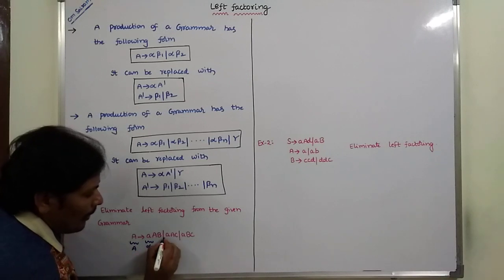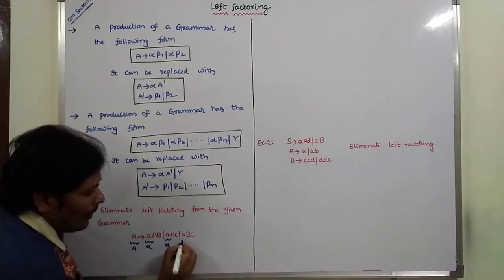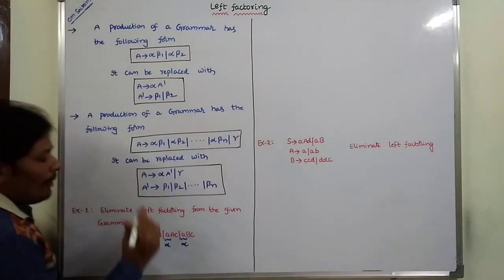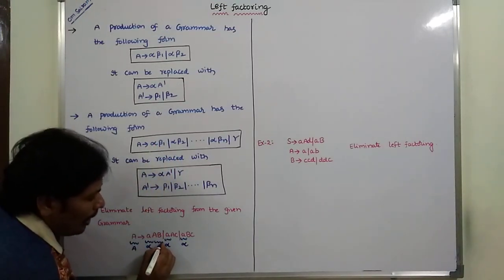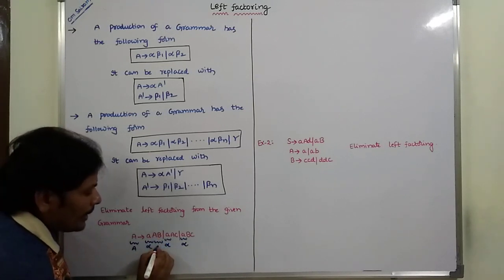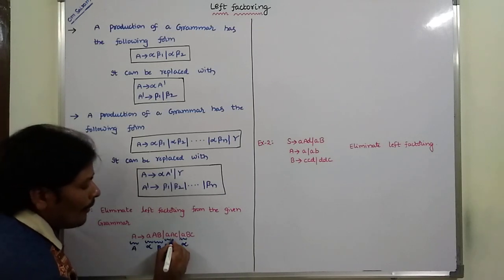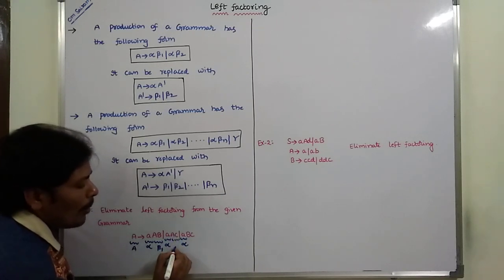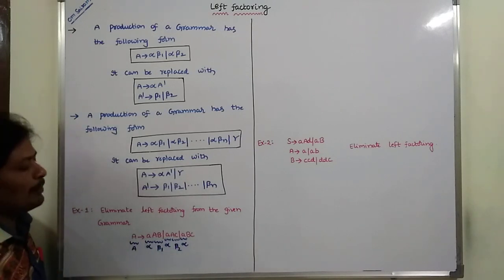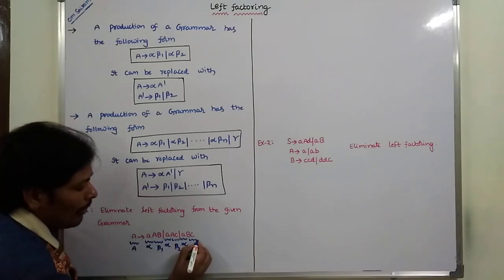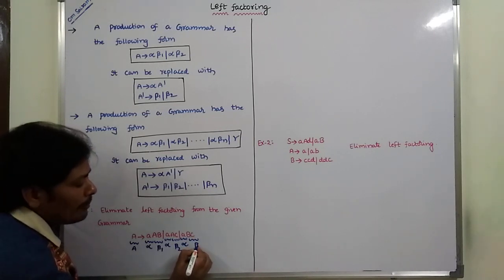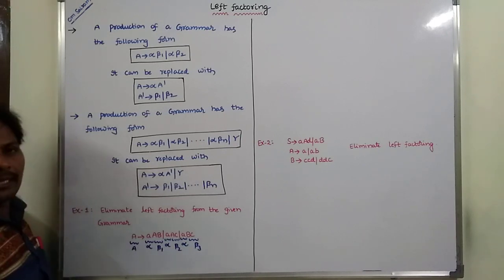So this is alpha, this is alpha, and this is alpha. Next, beta 1 is what remains after alpha. After alpha, the combination of terminals and non-terminals can be represented as beta 2. Then after alpha, the combination of terminals and non-terminals can be represented as beta 3.